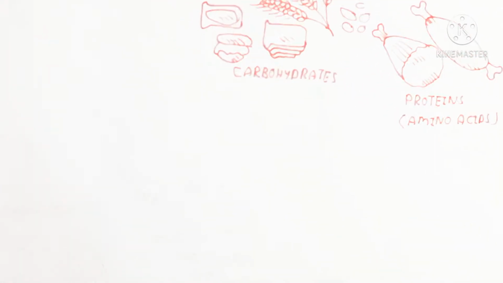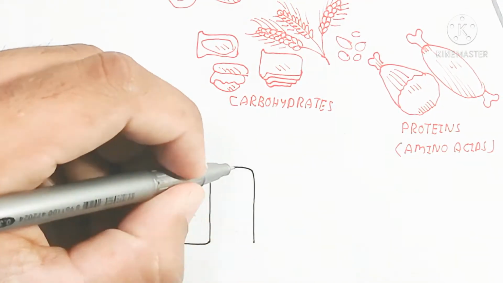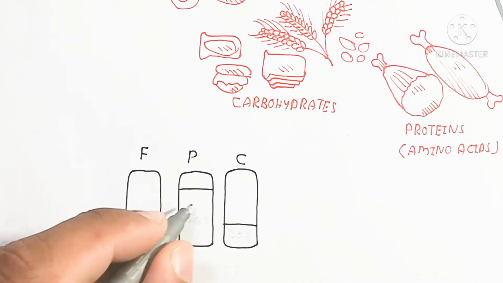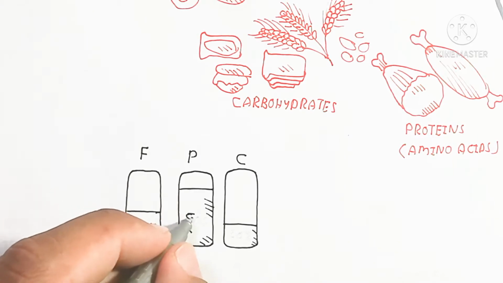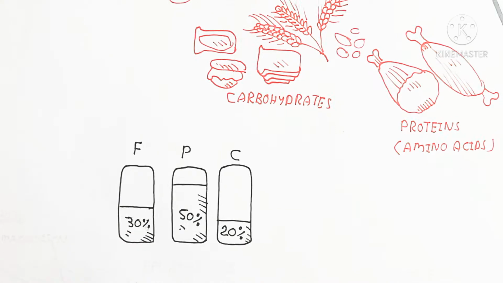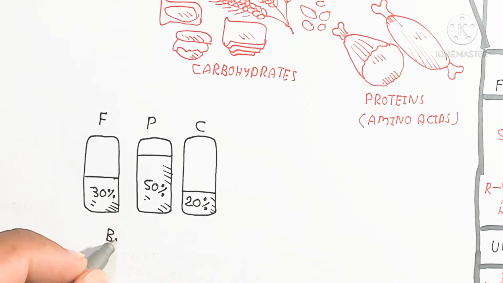Counting from the alpha carbon, then beta and gamma, the double bond position matters. If carbon number 3 contains a double bond, it is known as an omega 3 fatty acid. If carbon number 6 contains a double bond, it is known as an omega 6 fatty acid. Short chain fatty acids are also known.